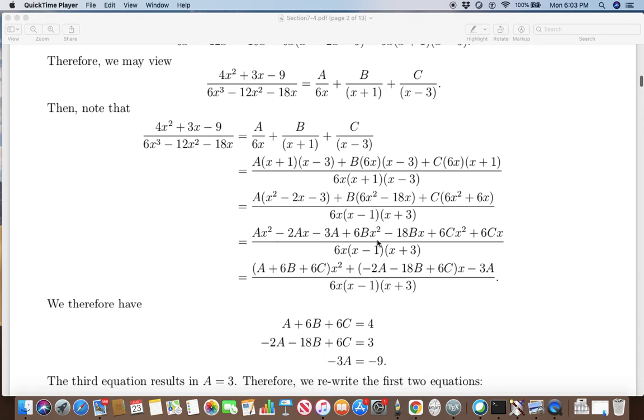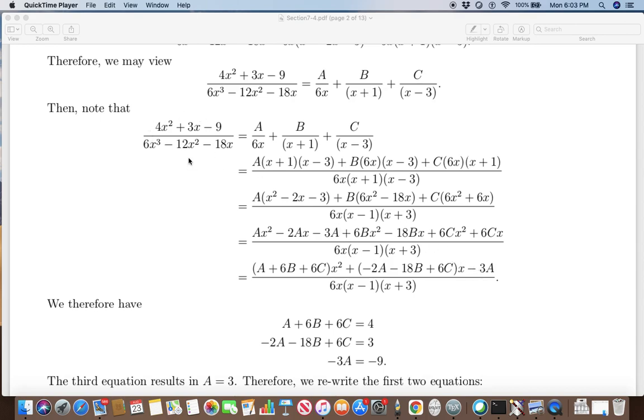x squared appears in 3 terms, a, 6b and 6c. x appears in 3 terms, negative 2a, negative 18b and 6c. And lastly, the constant appears, that is no x, just once.